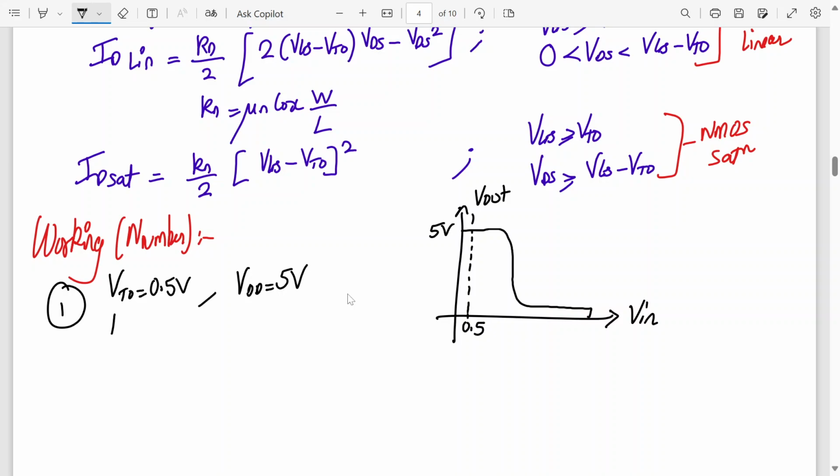So for V in less than 0.5, V in is equal to VGS, as written. So for VGS less than VTO, what will happen? NMOS is off. So ID is 0.